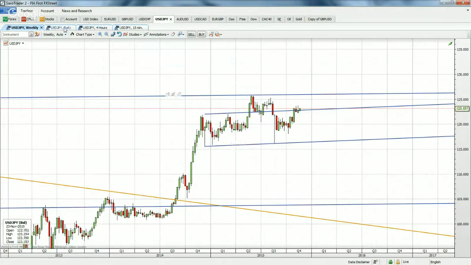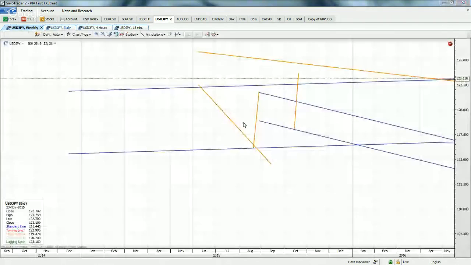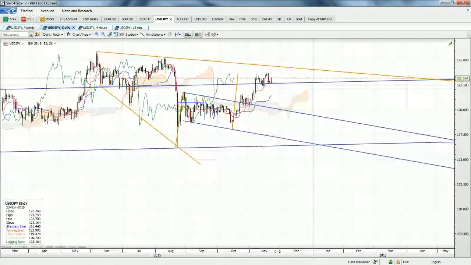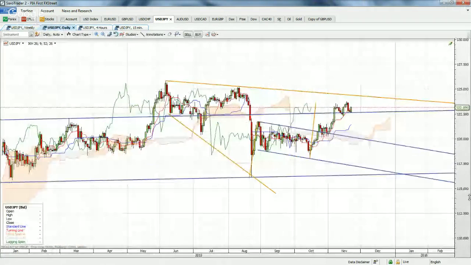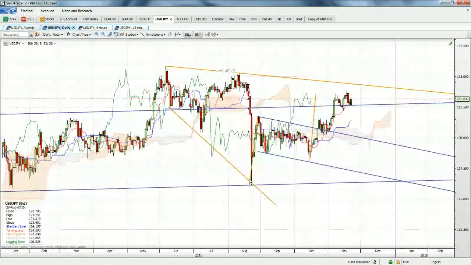So we have to reanalyze, if you like, or we're always constantly reanalyzing or taking note of price action. Basically, what we had here was an ABCD completion. So this is the strong move to the downside. This is AB. Then we have this channel. This is CD. 123.66 was the completed top.